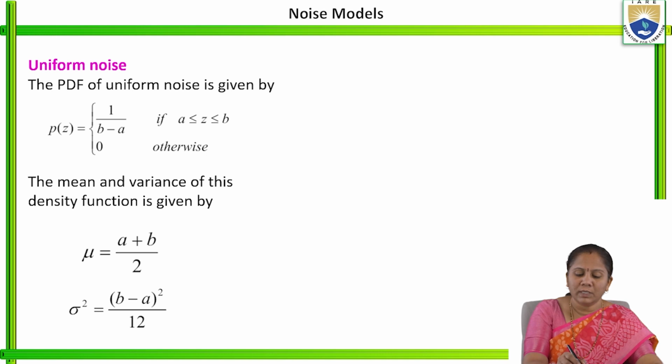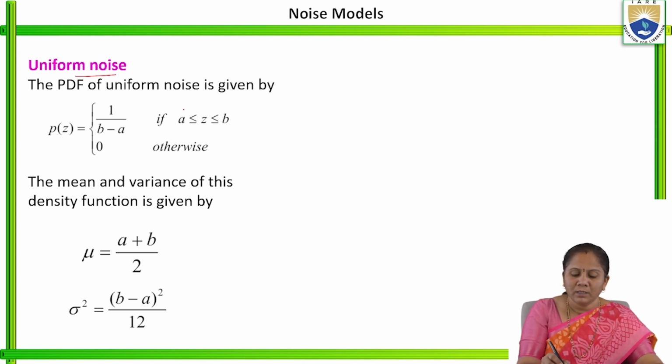So coming to the next noise model, which is uniform noise. The probability density function for this uniform noise is given by P of z is equal to 1 by b minus a for a less than or equal to z less than or equal to b. Otherwise, it is 0.